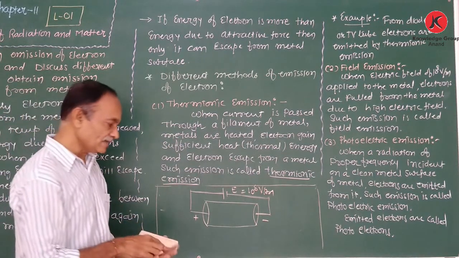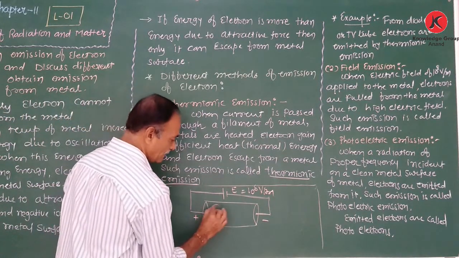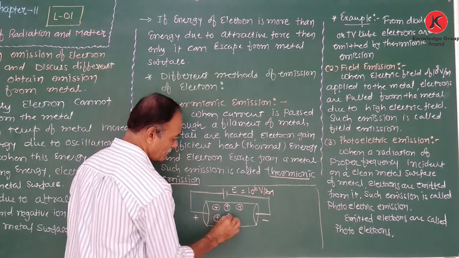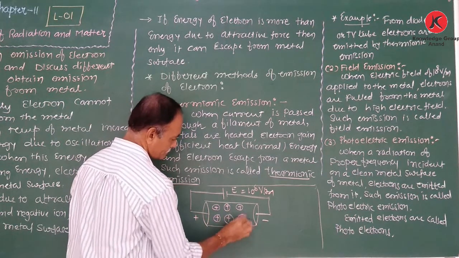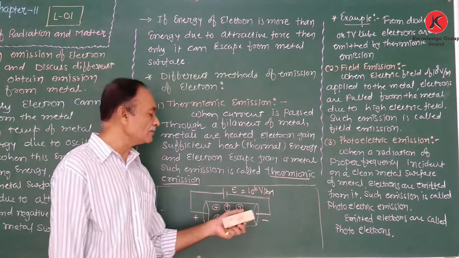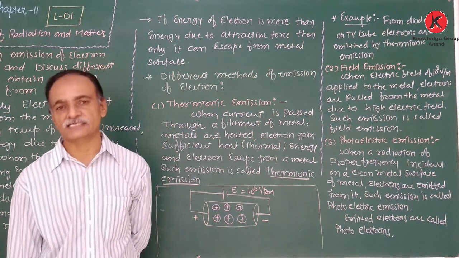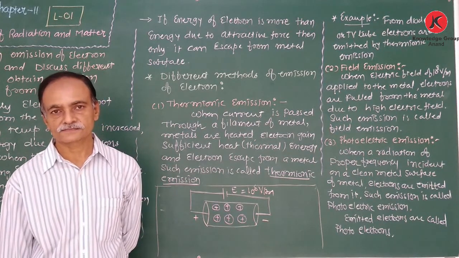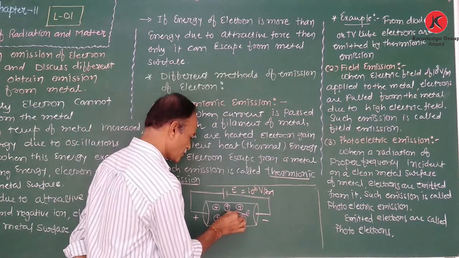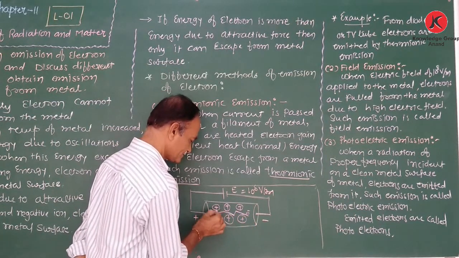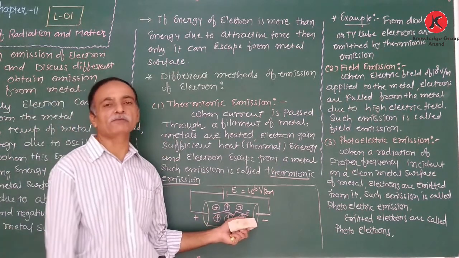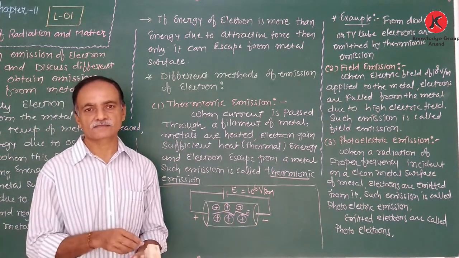So this terminal is positive, there is negative. According to our discussion, here the positive ions are fixed at their lattice points. Some electrons are free at room temperature and some are bound with these positive ions. Some electrons are free to move within this metal, and some electrons are bound by these positive ions.